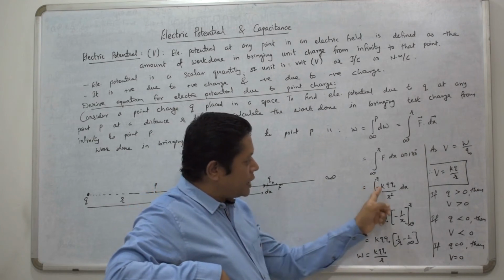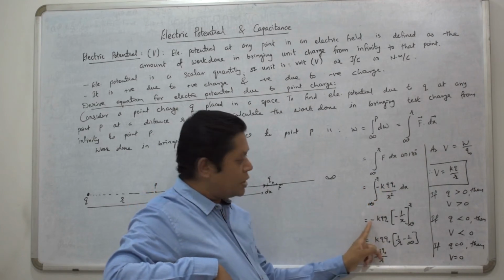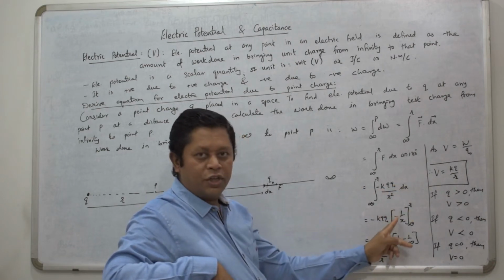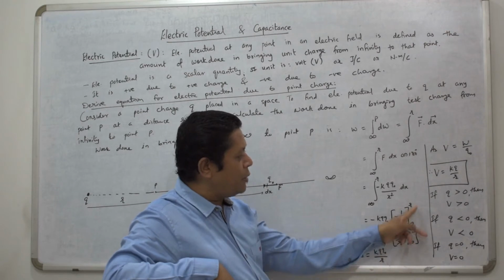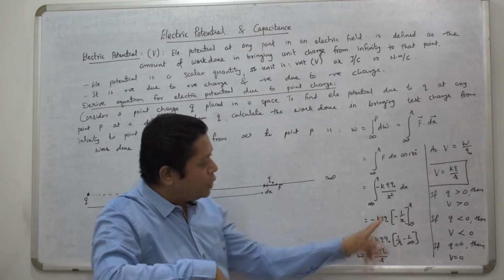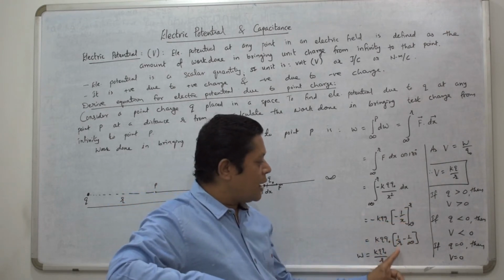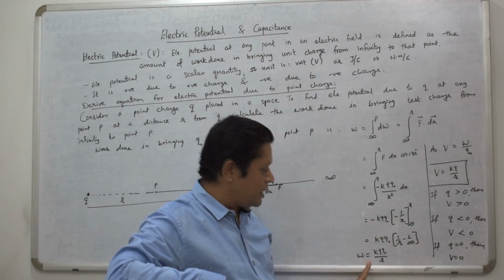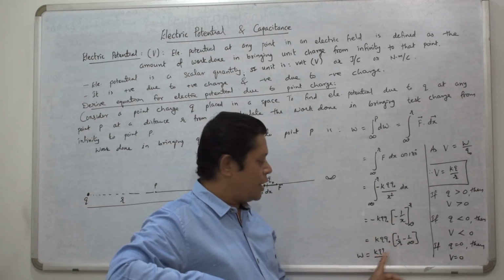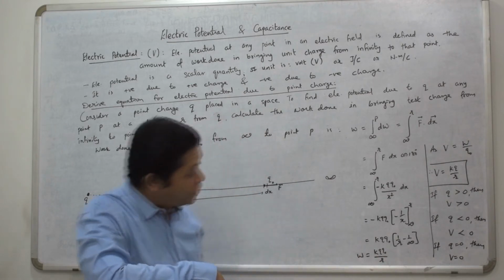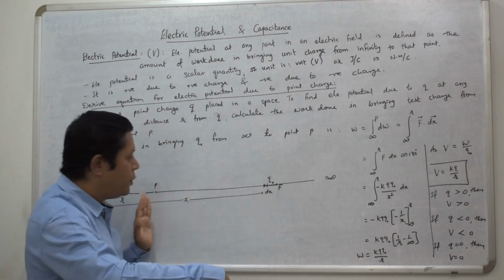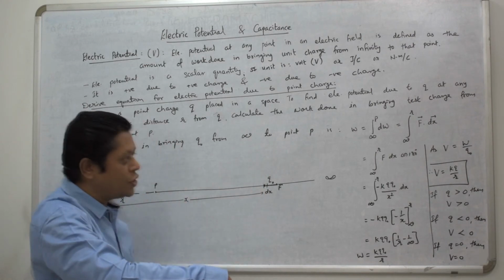Now if you integrate, kQQ0 is constant, the negative sign is also taken outside, and the integration of 1 by x square is minus 1 upon x, with limits from infinity to r. If you put in the values, it is 1 by r minus 1 by infinity, and the negative signs cancel. What is left is W equals kQQ0 by r. This is the work done in moving charge Q0 from infinity to point P in the presence of charge Q.